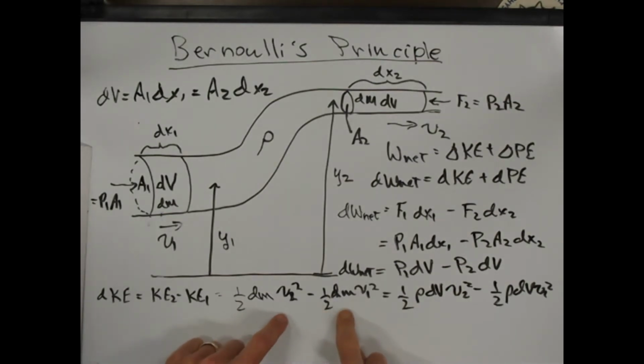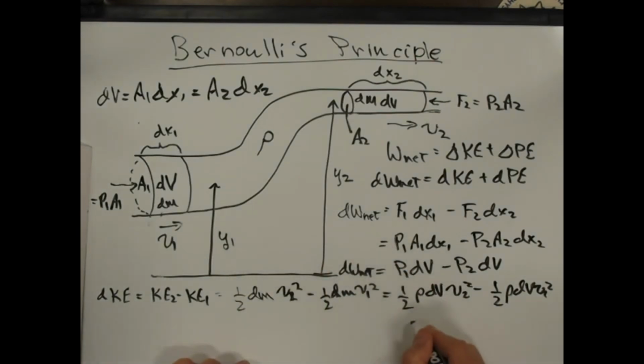It's 1/2 m v2 squared minus 1/2 m v1 squared, where the m's are dm's. And notice that dm is equal to rho times dV, right? And so I can write the change in kinetic energy as 1/2 rho dV v2 squared minus 1/2 rho dV v1 squared.